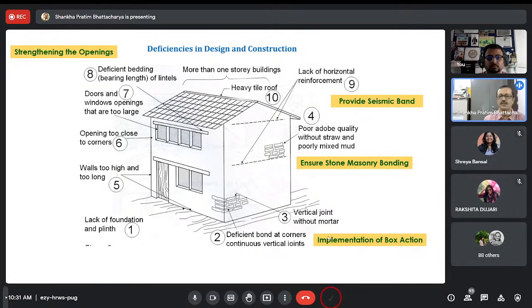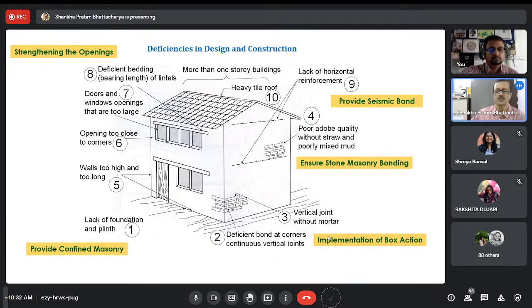We can ensure the stone masonry and the bonding, and we can sometimes provide confined masonry. So if we just ensure these 5 and maybe 1 or 2 more, then your masonry building will be safe. Safe in the sense it will give you time to escape.